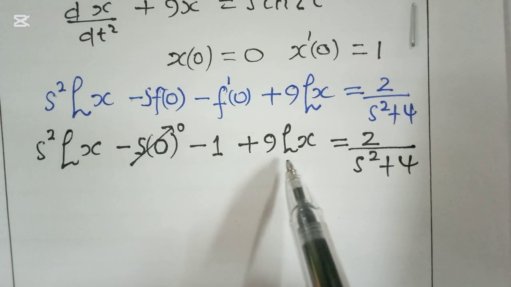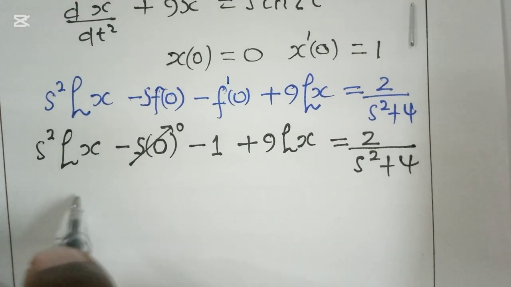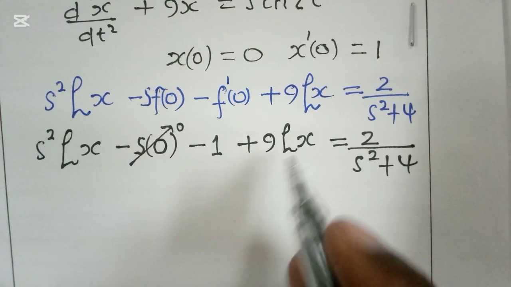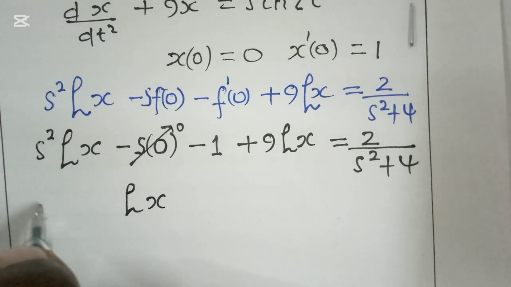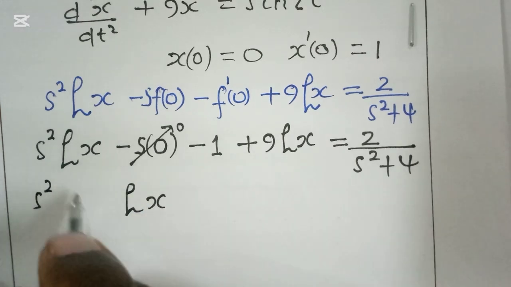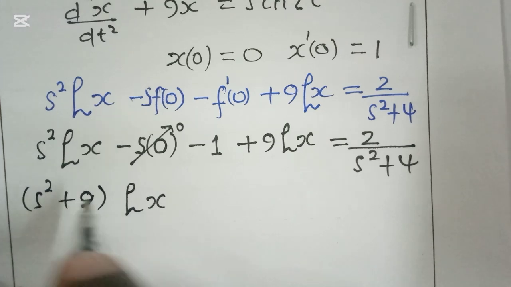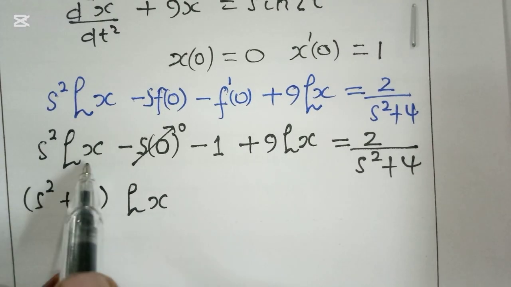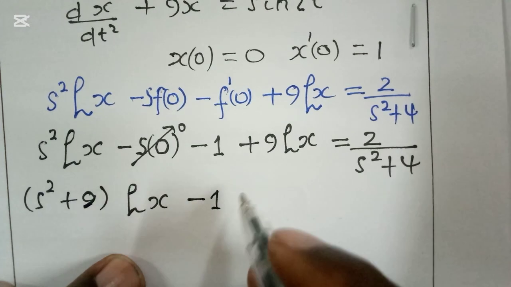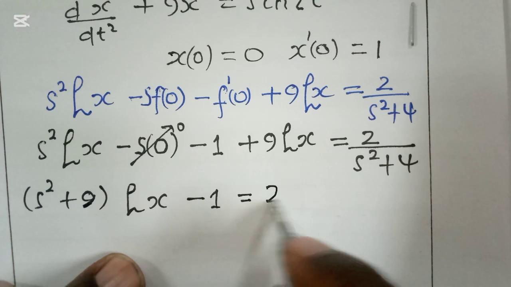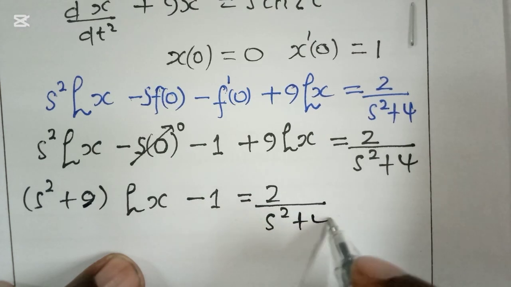Guys, we continue. We can now factor out Laplace transform of x. And so therefore we shall get Laplace transform of x, let's write it here, and then we have s squared plus 9, like that. So guys, we have factored out Laplace transform of x, because you can find it here and here. Then you have minus 1 here, and this one now gives us 2 all over s squared plus 4.